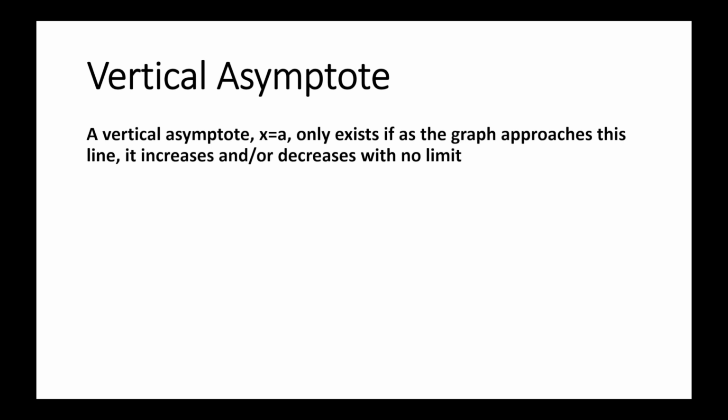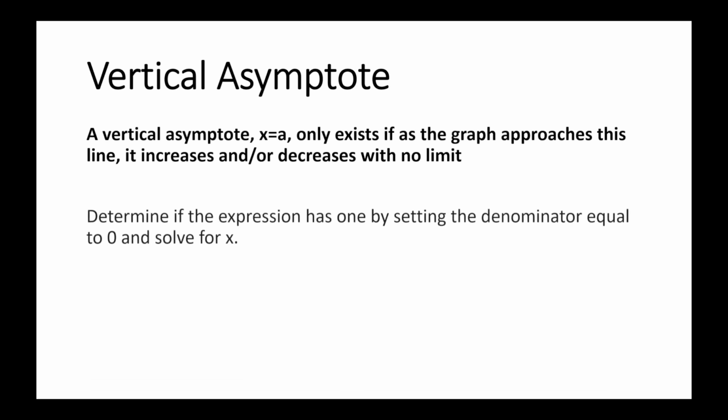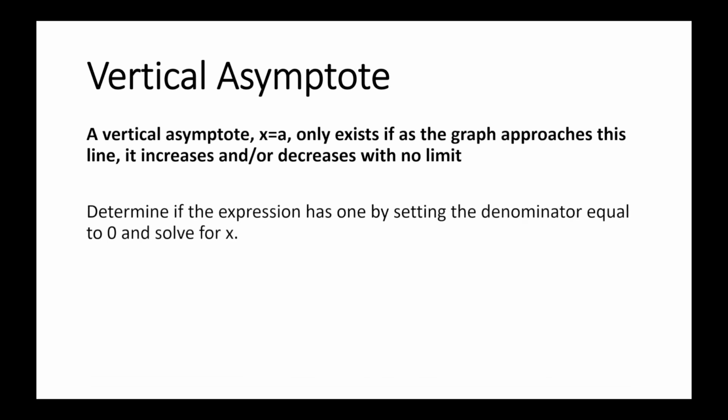So this is just a more technical way of saying that the graph will never touch this invisible, or dotted, as I showed you before, line. So the way that you find out what your vertical asymptotes for a rational equation are is take the expression and set the denominator equal to 0 and solve for x. You could have 1, you could have 2, you could have 0 asymptotes. It'll depend from expression to expression.